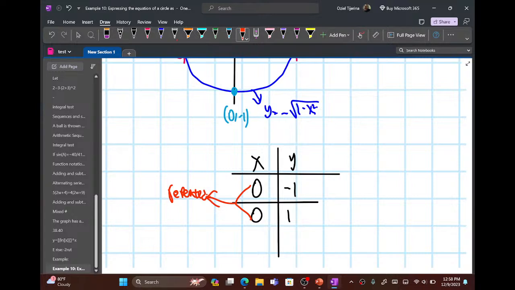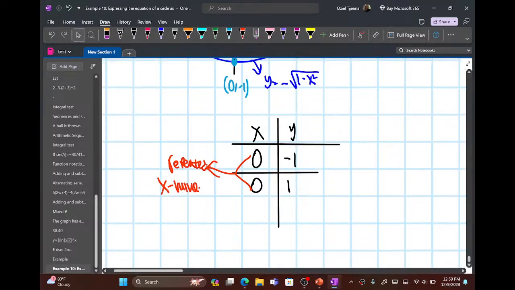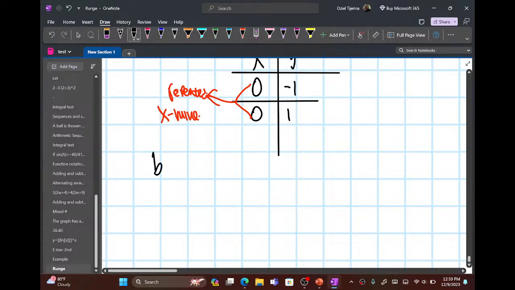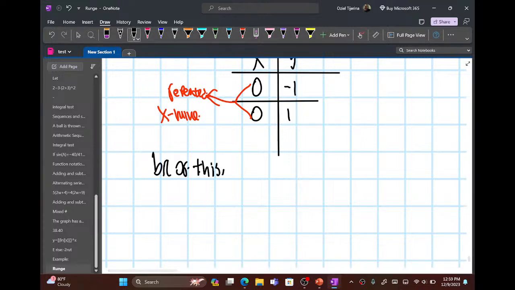It will not be a function if that happens, okay? That cannot happen. So, because of this, x squared plus y squared equals 1 does not represent a function.